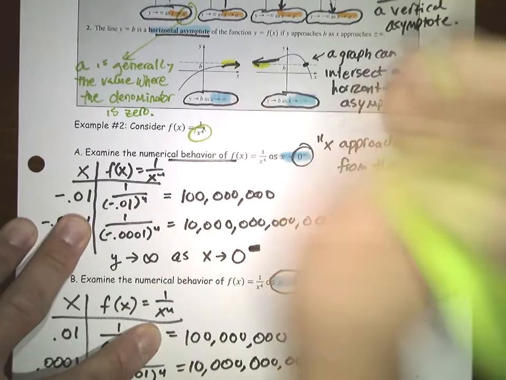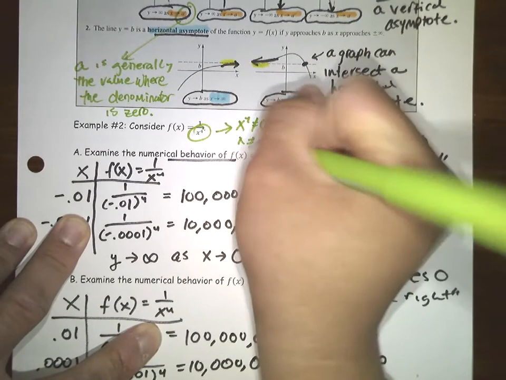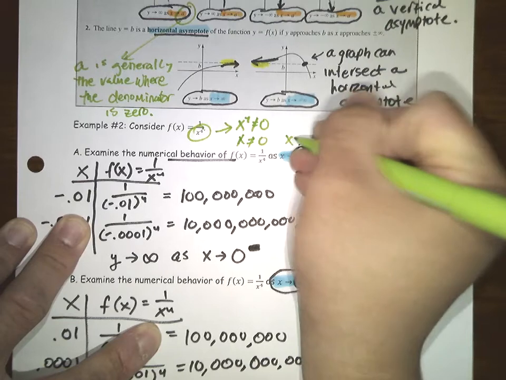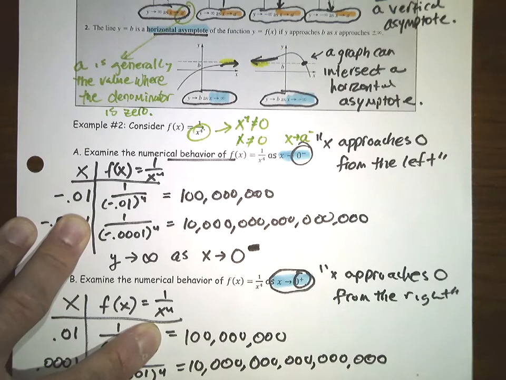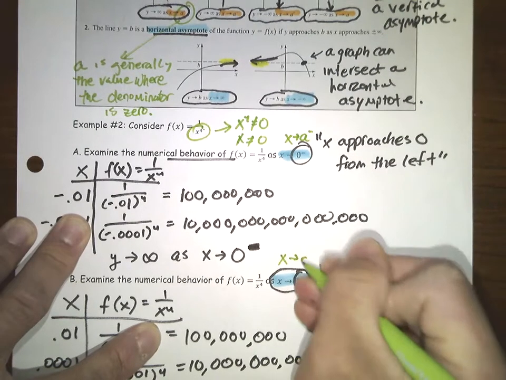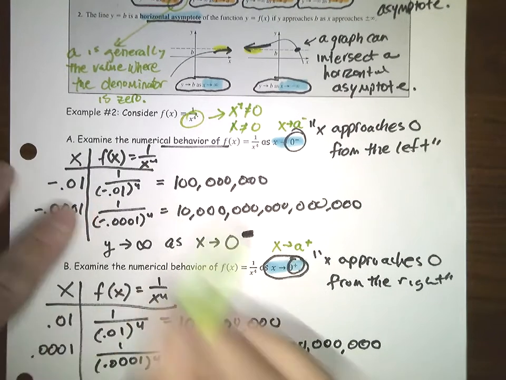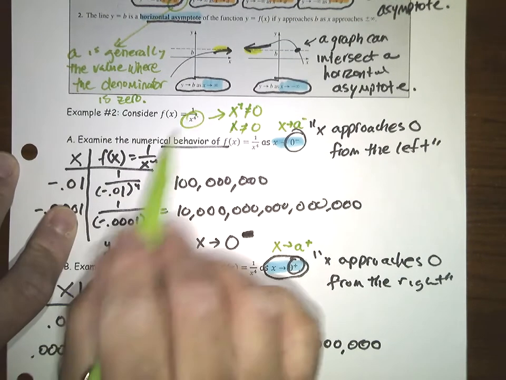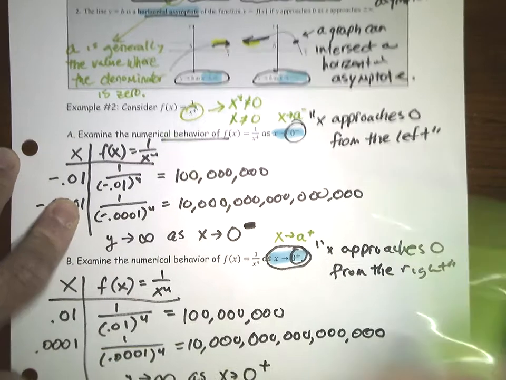So if I look at this one, I know that x to the fourth cannot equal 0, so x cannot equal 0. So I want to check all of these as x approaches a from the left or from the right, but I want the a to be the value where the denominator is 0, because that's where there's going to be the vertical asymptote.